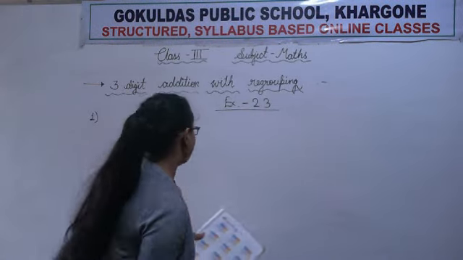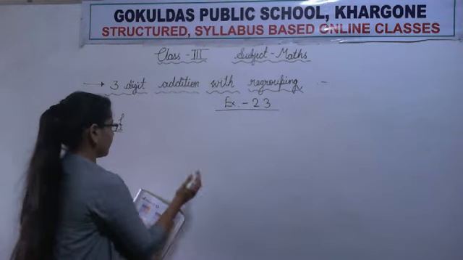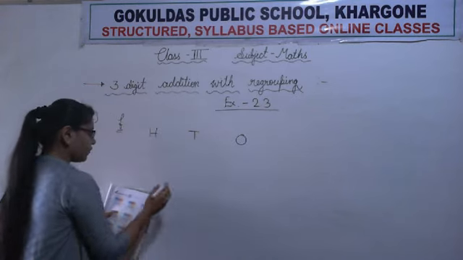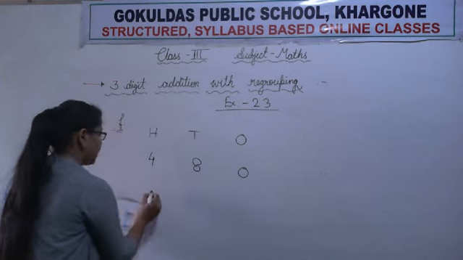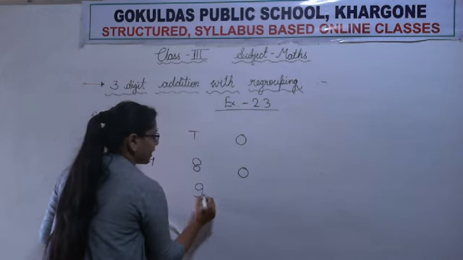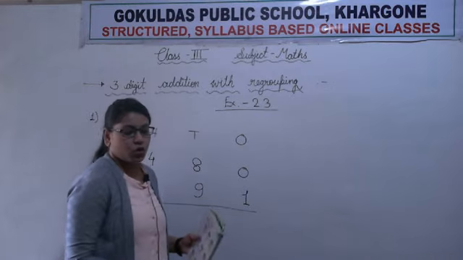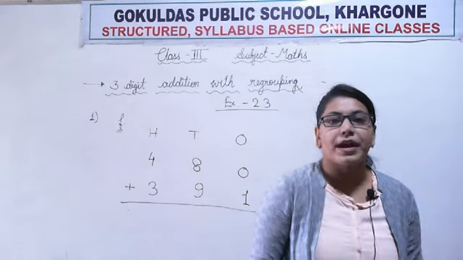Now part B. Again we will write hundreds, tens and ones. The first number is 480 and the next number is 391. Let's add it. So remember the addition facts or property.